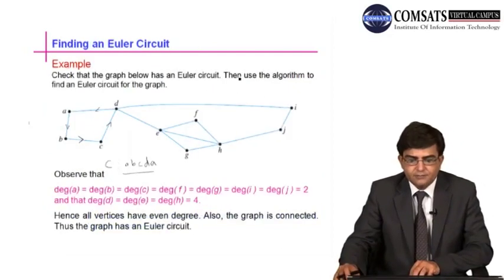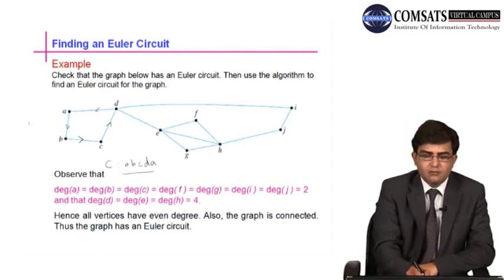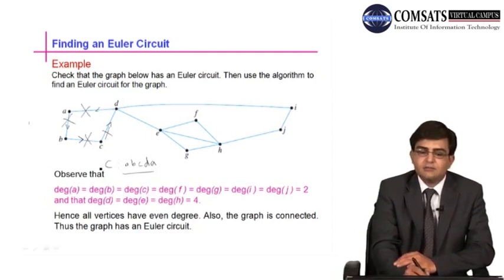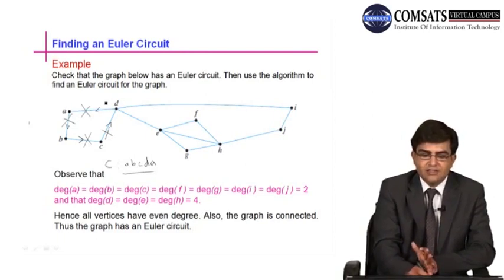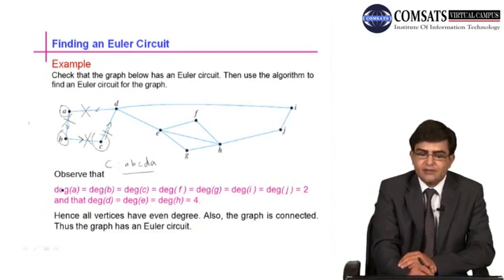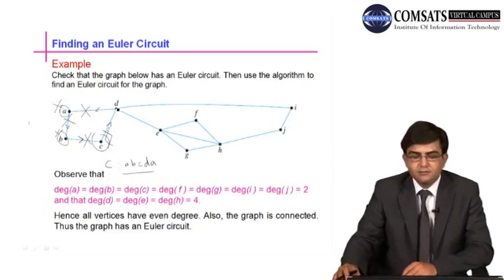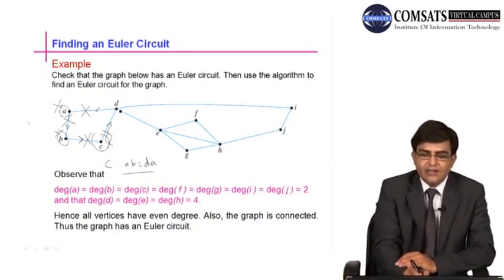Now what we do here, we remove all these edges. Suppose that this edge is not here, this edge is not here, this edge is not here, this edge is not here, and all the vertices which become isolated when we remove these edges. So A becomes isolated, B becomes isolated, C becomes isolated. So we remove all these vertices also. So what about D? D doesn't become isolated here, so therefore D remains here.